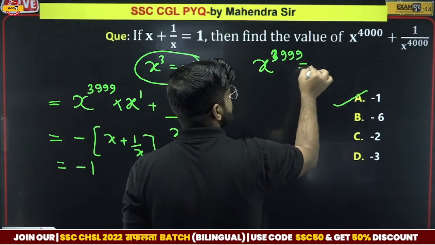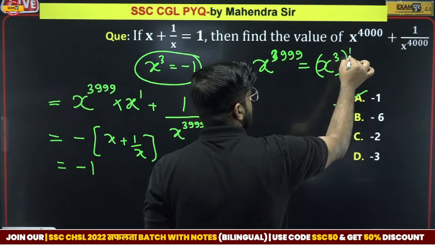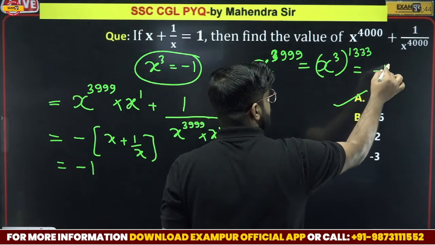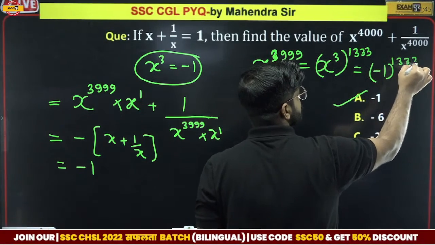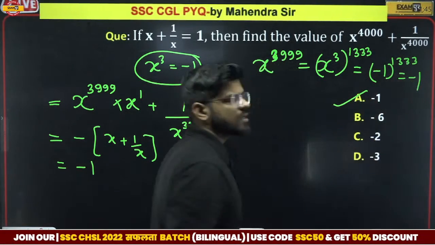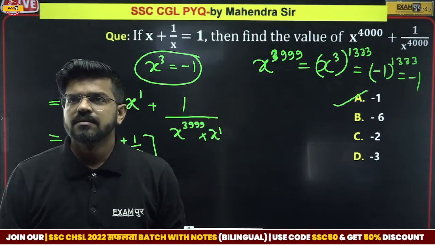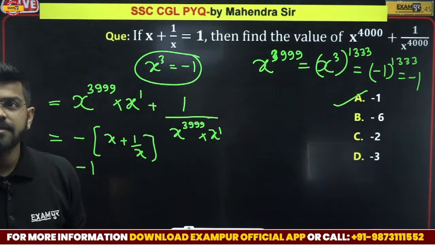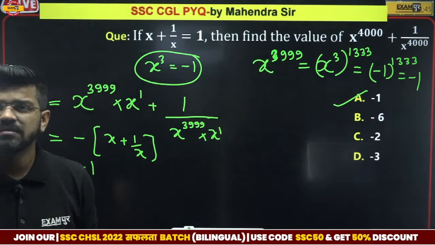Now how can we write this? We can write this as x cube to the power 1333. So minus 1 to the power 1333 will give you what? Minus 1, no? Yes or no? So how are you getting 6 plus 1, 7 plus 1?